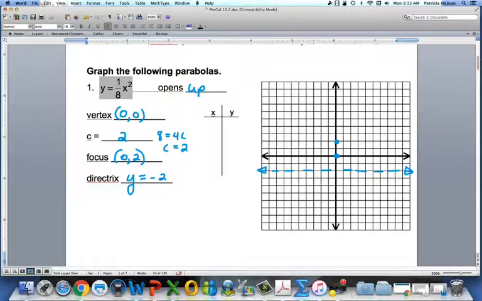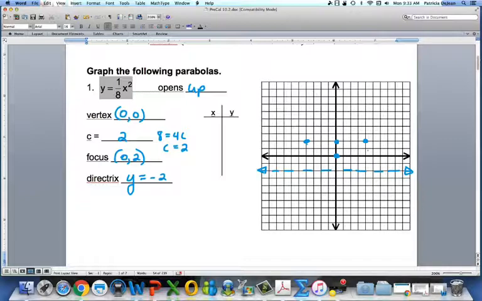Now, we know that these points that we're going to locate along the latus rectum are 2C or 2A away from the focus. So since C is 2, 2 times that is 4. So they're going to be located 4 spaces to the right, and 4 spaces to the left, of the focus.